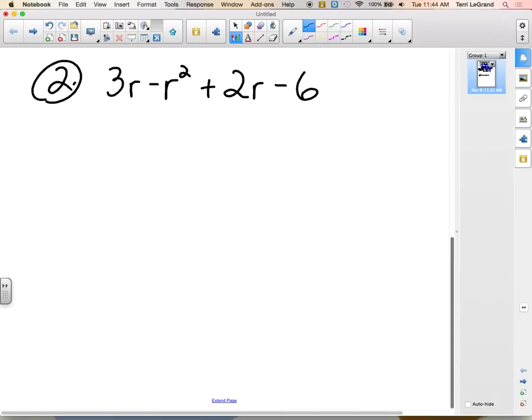No. And do you know how to factor a three-term polynomial yet? Have I taught you any way other than the GCF method? No, so we don't want to change this into something we don't know how to do yet. So we're going to leave it as a four-term, and we're not even going to worry that it's not in standard form either. We're just going to change it to add the opposite and go to work on it. Okay, so let's make it 3r plus a negative r squared plus 2r, in fact, we can stick a 1 in there if you want, plus a negative 6. And then we're going to make our groups.